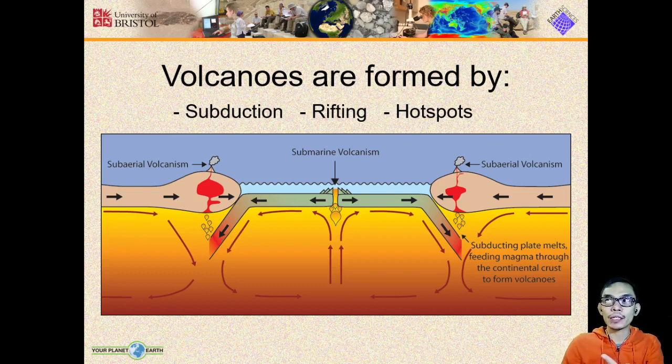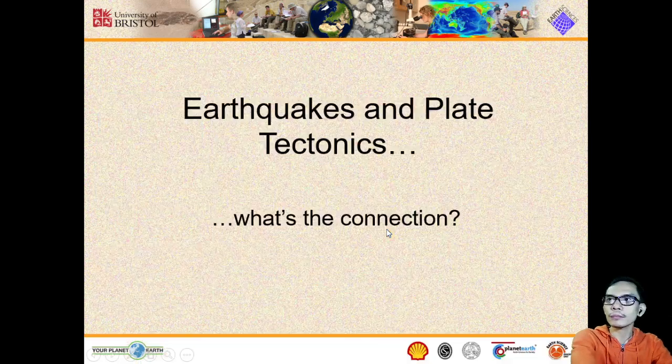And number three is hotspots. That is where the volcanoes are formed, not only on the continental crust but also under the oceanic crust. So there's also a volcano right there.